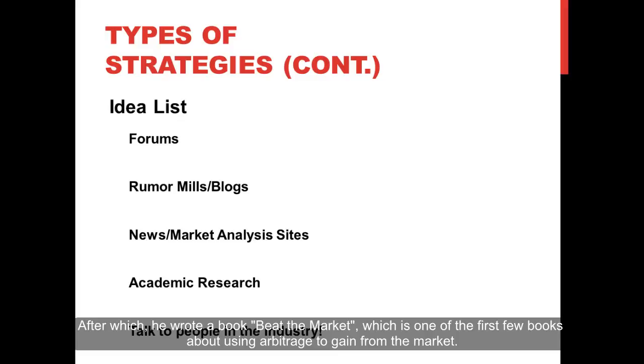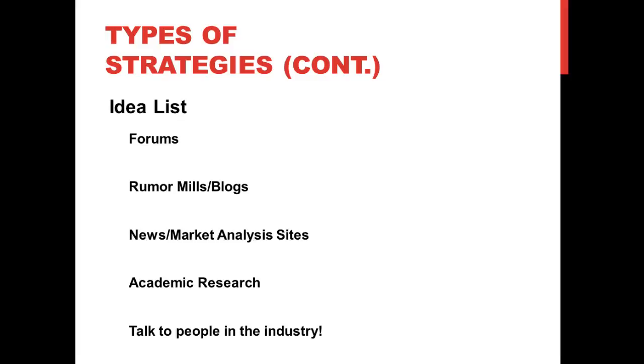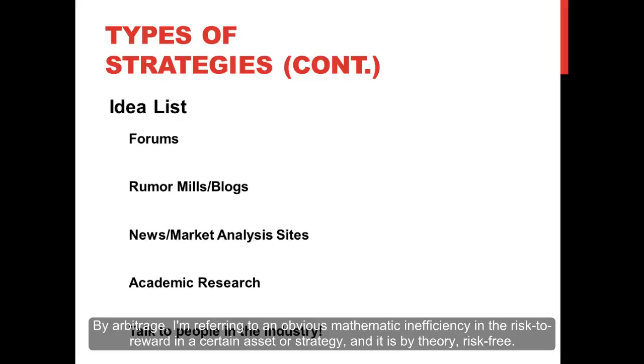After which, he wrote a book called Beat the Market, which is one of the first few books about using arbitrage to gain from the market. By arbitrage, I mean there's an obvious mathematical inefficiency in the risk to return of a certain asset or a certain strategy, and it is, by theory, supposed to be risk-free.